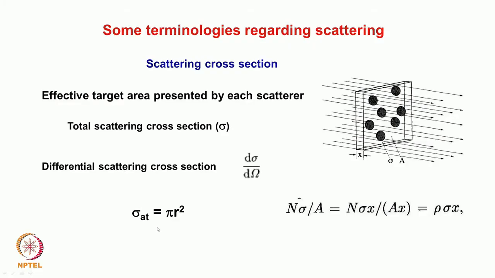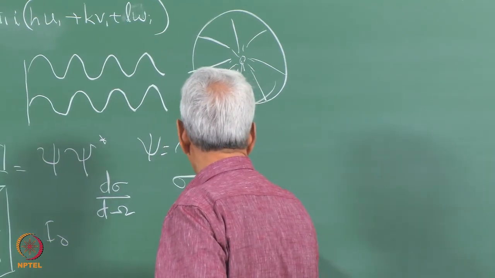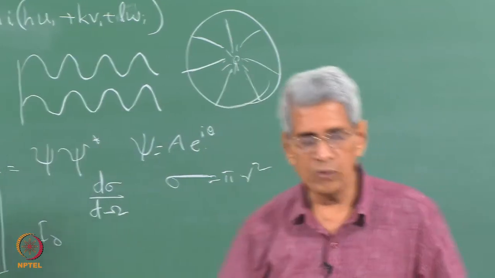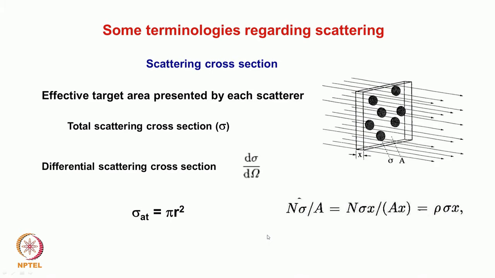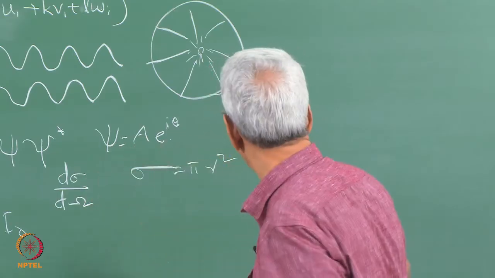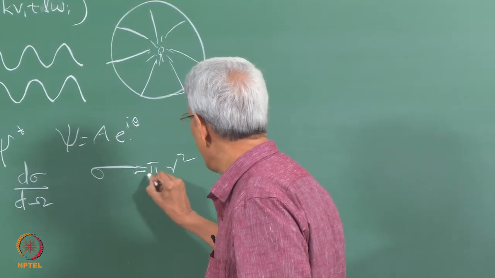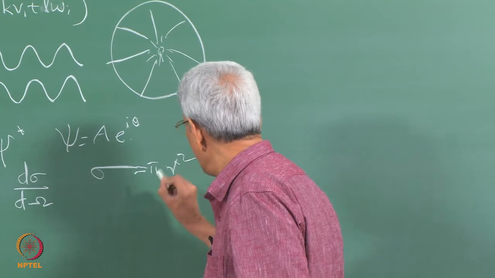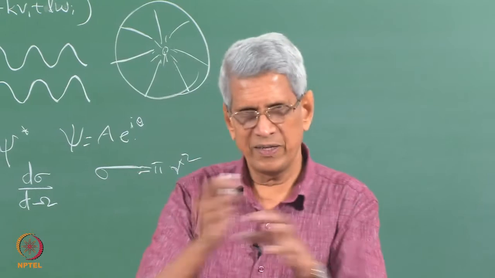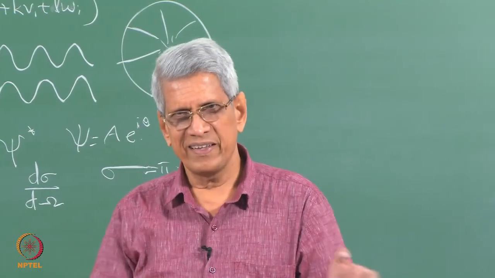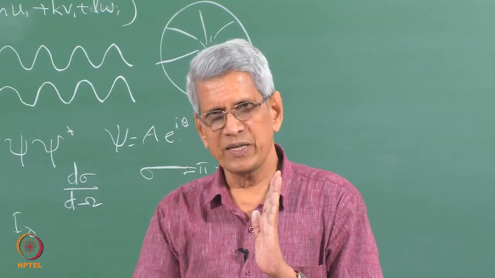That is essentially what is written generally for a circular one. This can be written as pi r squared, and r is called the scattering length. What is essentially important to remember here is that the scattering is over a surface, whether it is a sphere, or effectively from the sample, how it changes as a function of distance.